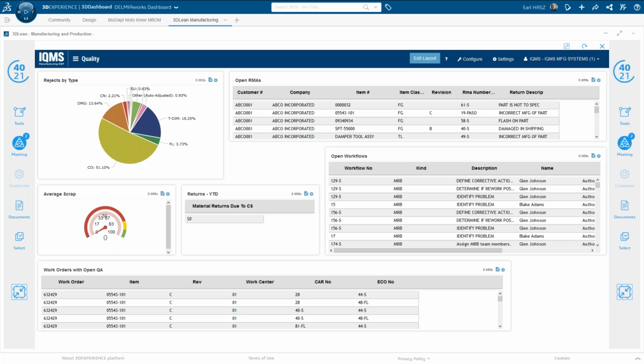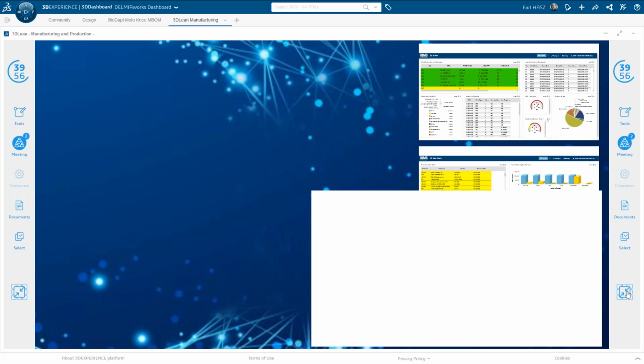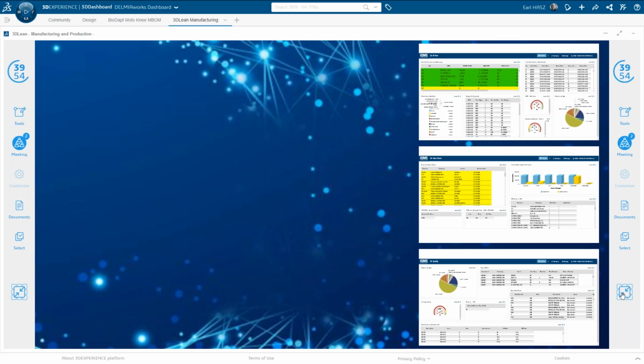Finally, from a quality point of view, I have access to information about which workflows are opened up, what machines I have to have a look at, and which work orders are generating rejects, so I can have ready information to understand exactly what I need to do in front of my production to adjust production or otherwise.